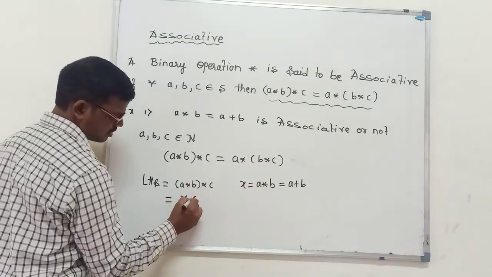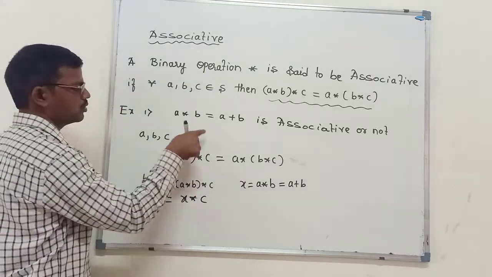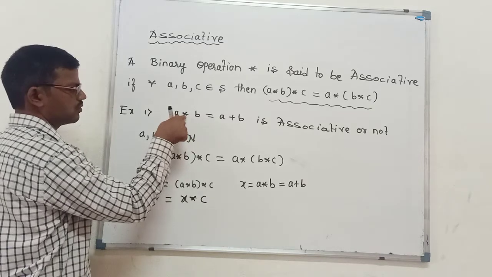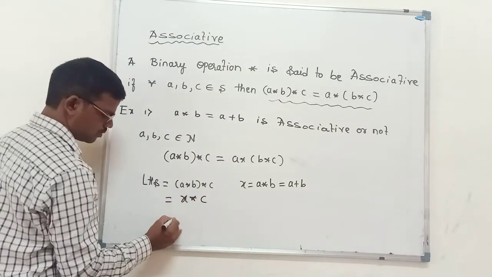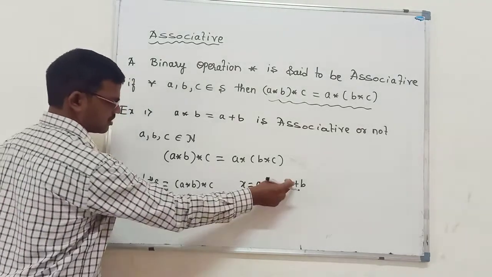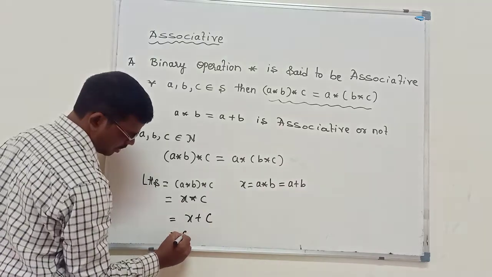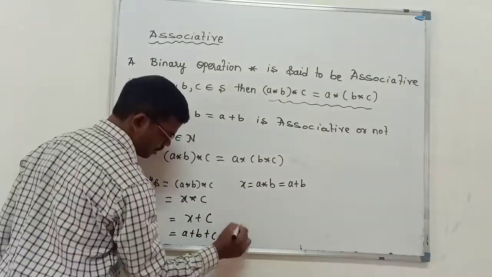According to the definition, a star b is a plus b. So x star c, once again we apply the definition: x plus c. What is x here? That is a plus b plus c. Let me name it as 1.